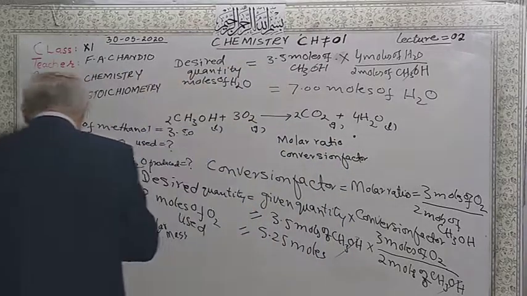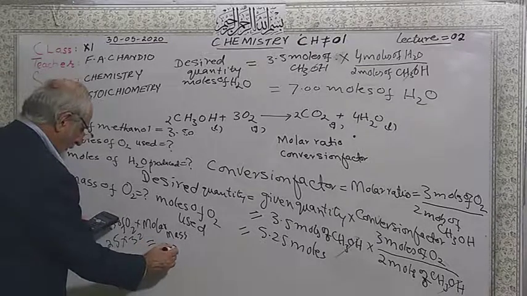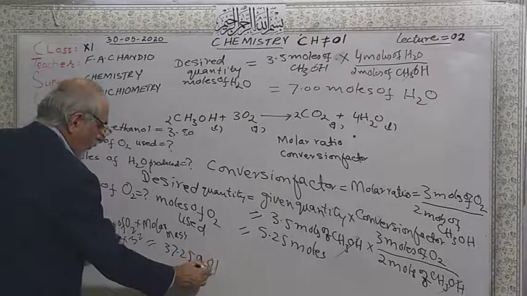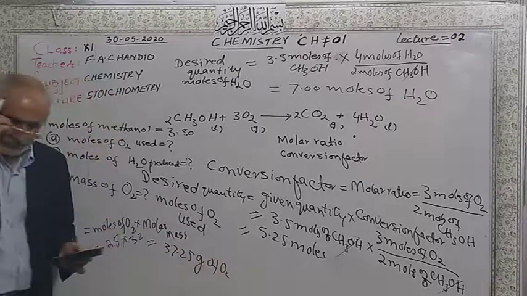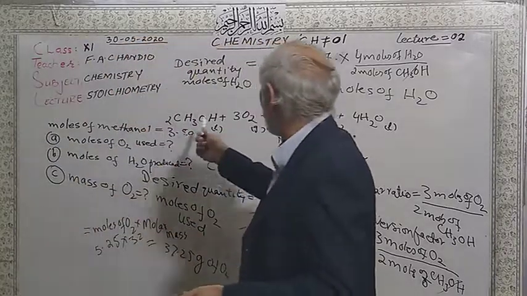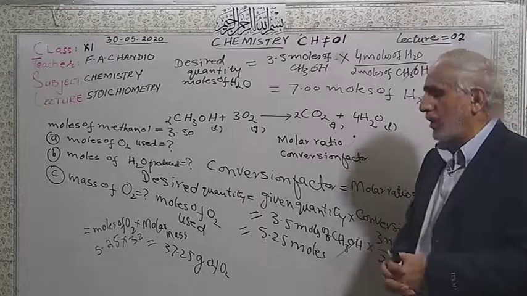The answer is 37.25 grams of oxygen. Mass, grams. So how many grams of oxygen are used up? 37.25 grams of oxygen are used up.